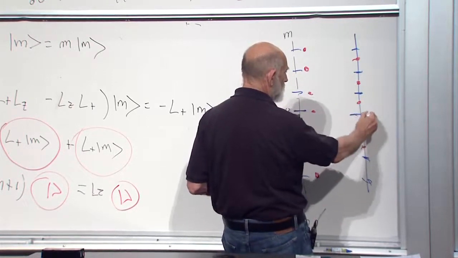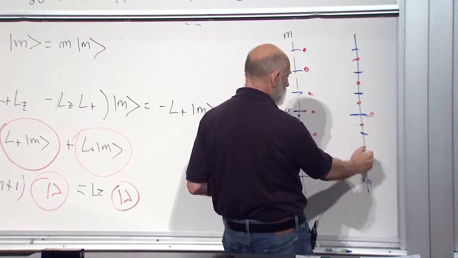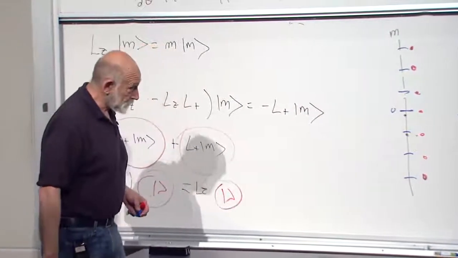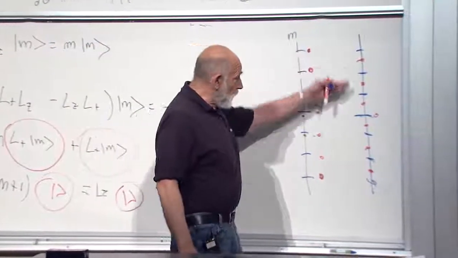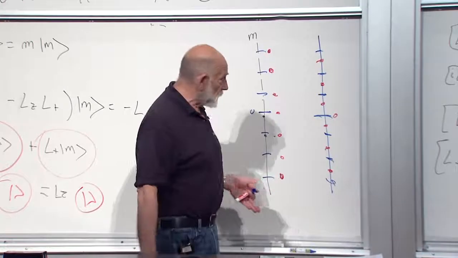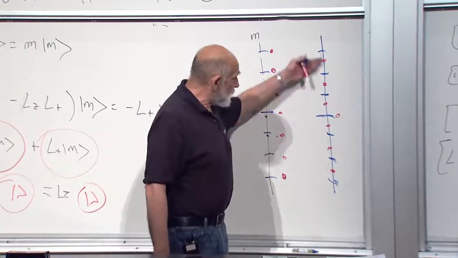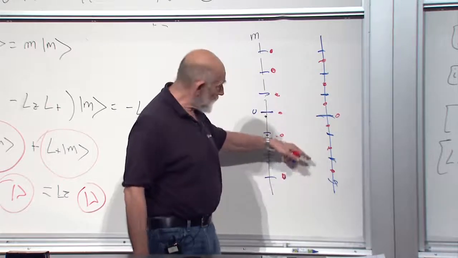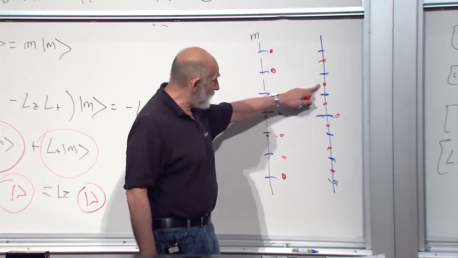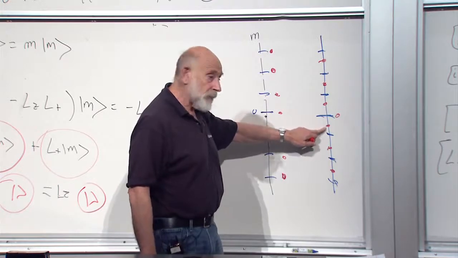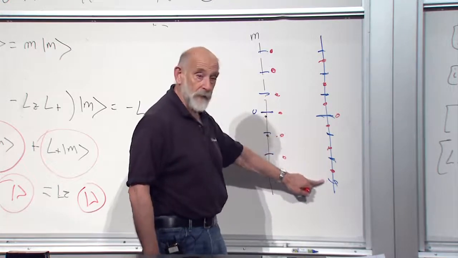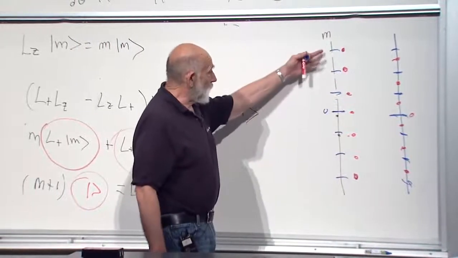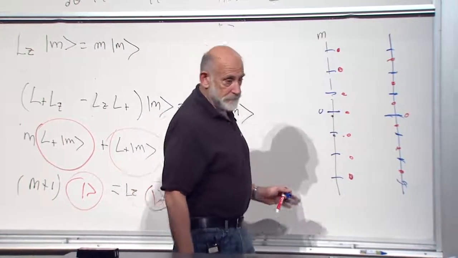And it's also symmetrically placed about the origin. In this spectrum over here, if it's physically reasonable, the values of the z component of the angular momentum are half integers: a half, 3 halves, 5 halves, minus a half, minus 3 halves, minus 5 halves, ending somewhere. Or the other possibility is the integer spectrum.